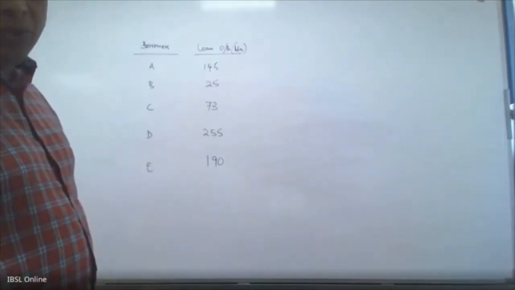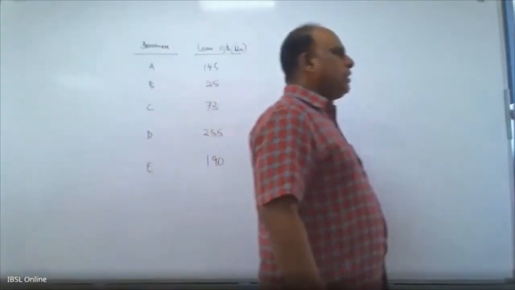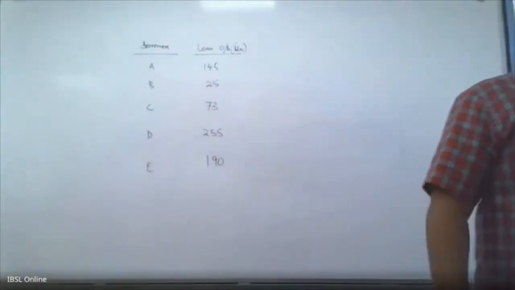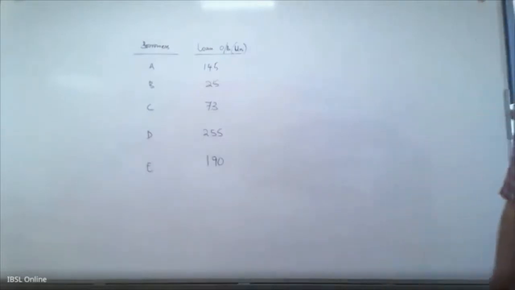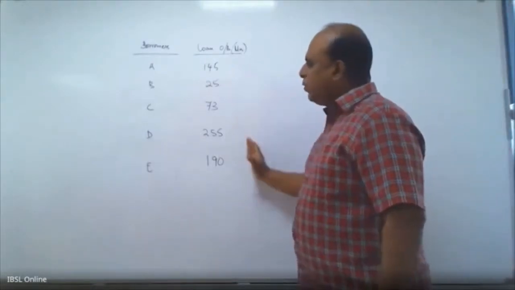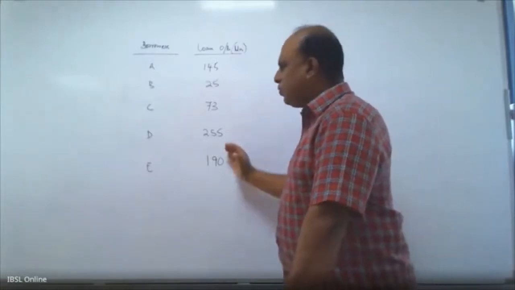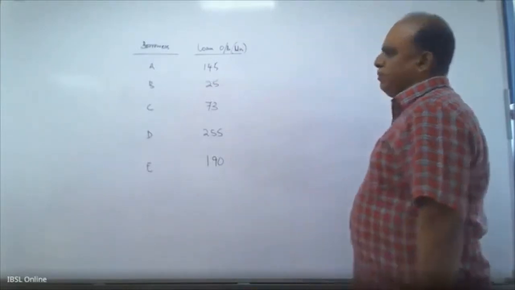Now look at this. In order for me to decide whether I should apply individual impairment or collective impairment, I need to decide upon an internally defined threshold. I have 5 loans. I have to decide which loans will be subject to individual impairment and which will be subject to collective impairment.